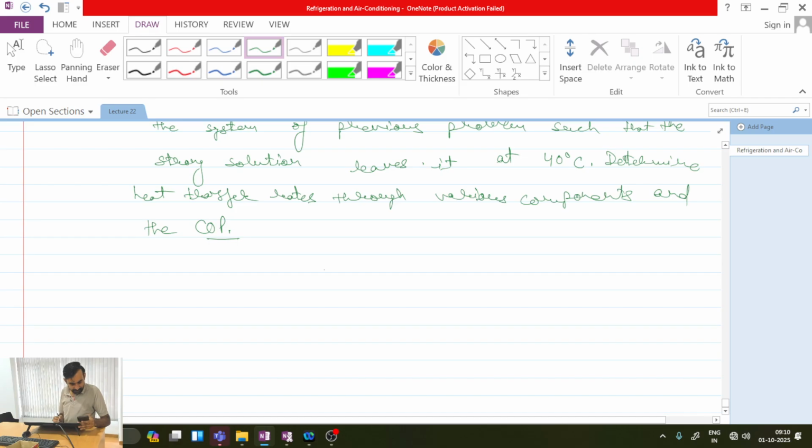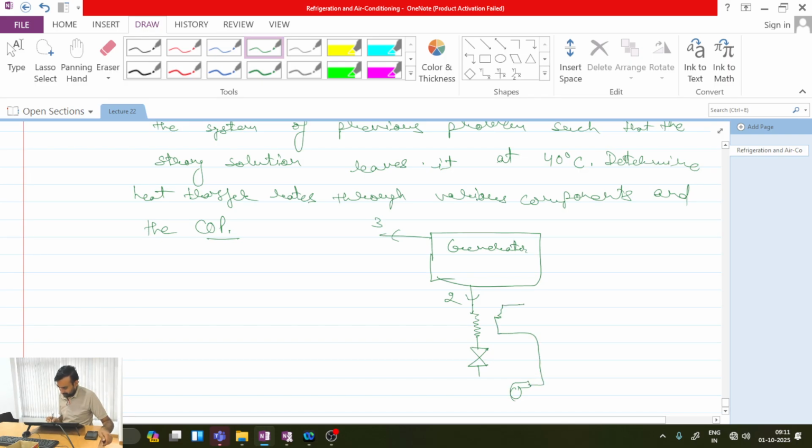Shall I draw the system? The only difference is, let me show you. This is your generator. Here state 3 is leaving. Here state 2 is leaving. But when state 2 is leaving, before the expansion there is a preheater. Then there is expansion, and whatever is coming from the pump is first passed through the heat exchanger and then added to the generator.